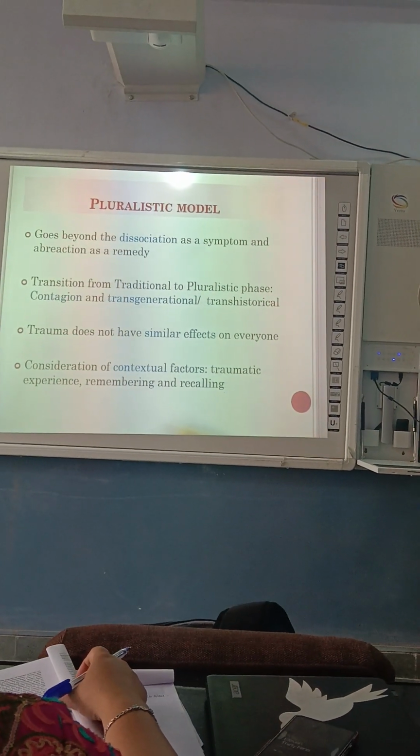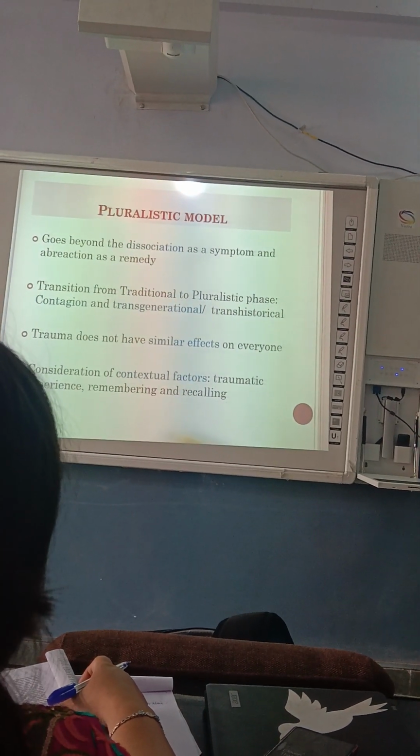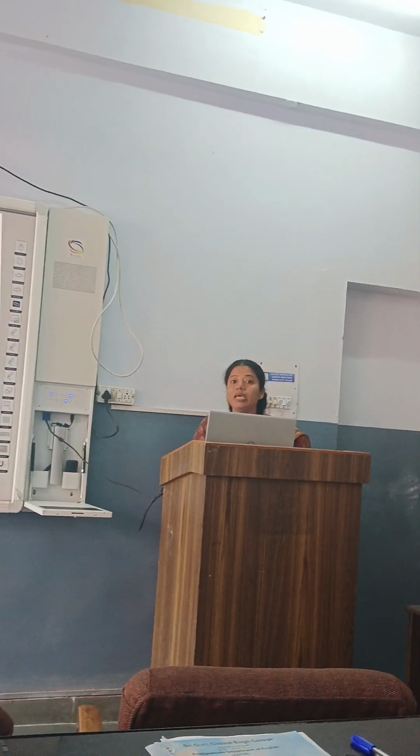It goes ahead of dissociation as a symptom and abreaction as only depending on a traumatic event or experience. In the transition between the traditional model and the pluralistic model, we give these two terms, contagion and the transhistorical or transgenerational quality of traumatic experience, because of which we feel connected with such narratives, because of which we feel connected with tragedies, and catharsis happens because of these elements.